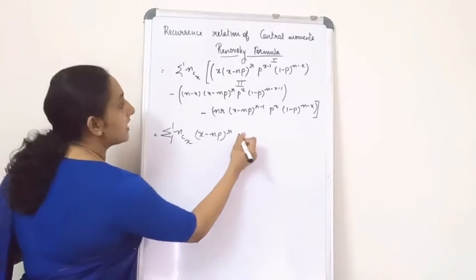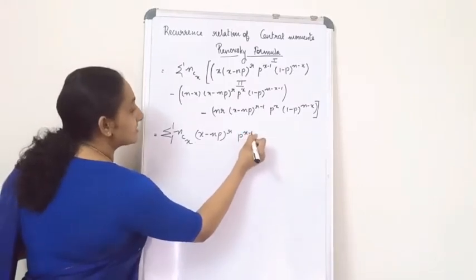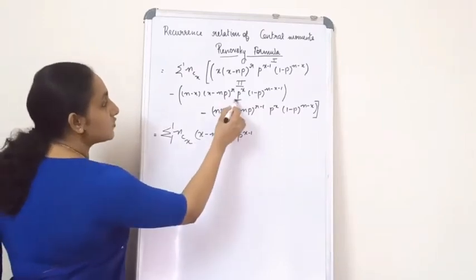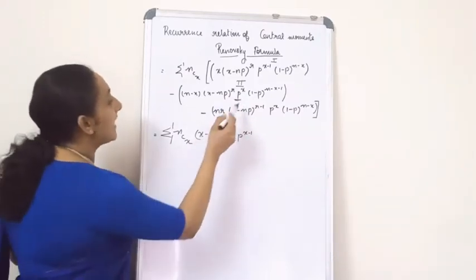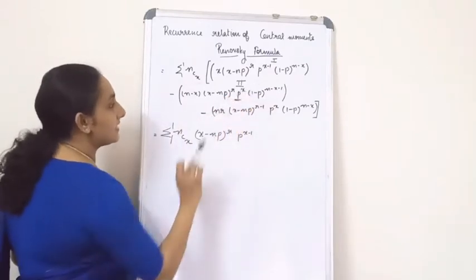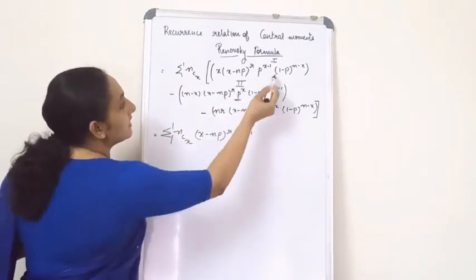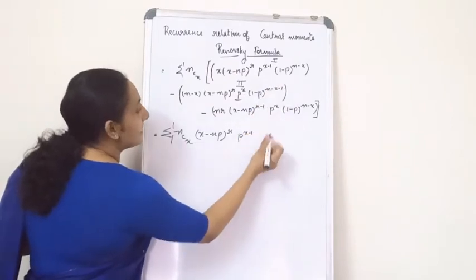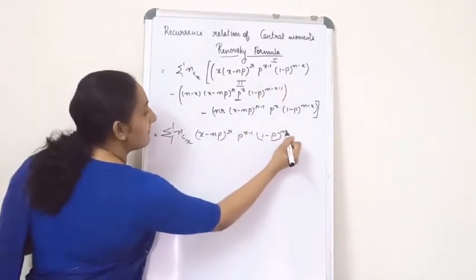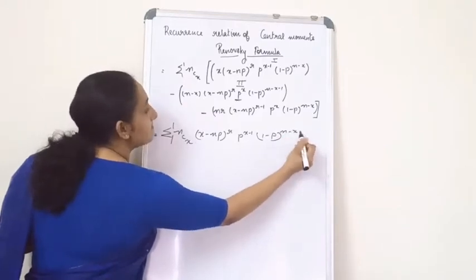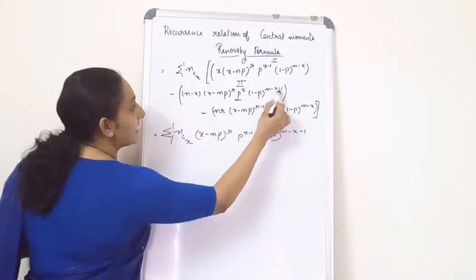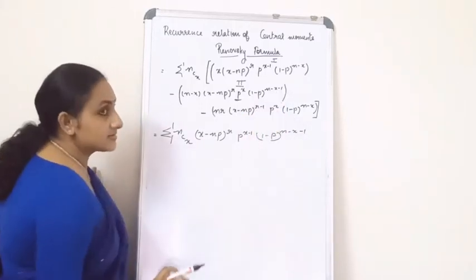So from the second term also I am going to take p raised to x minus 1 itself, so that in the second term you will have a p when you write the further equation. Now again multiplied by, I am going to take this (1 minus p) the whole raised to n minus x minus 1. Because in the second term you have this n minus x minus 1, I am going to take that also outside.